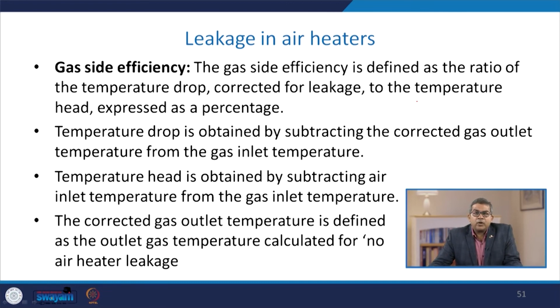Temperature drop is obtained by subtracting the corrected gas outlet temperature from the gas inlet temperature. Temperature head is obtained by subtracting air inlet temperature from the gas inlet temperature, and corrected gas outlet temperature is the outlet gas temperature calculated for no air heater leakage.